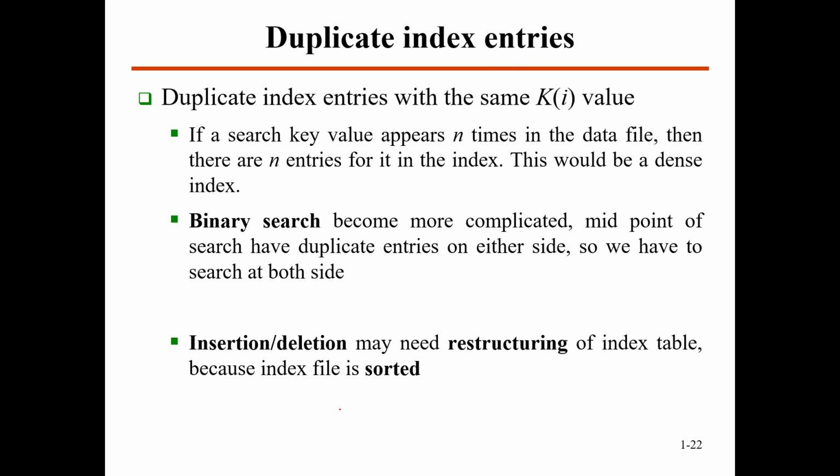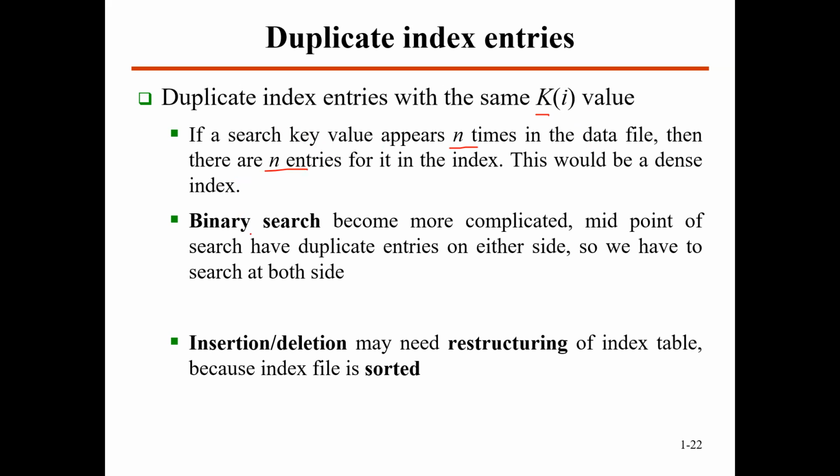Now let us see how to handle the duplicate index entries. Duplicate index entries with the same value K of I. If a search key value appears 10 times, for example, in the data file, then there will be 10 entries in the index file. This would be a dense index.